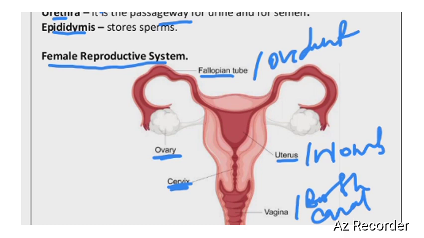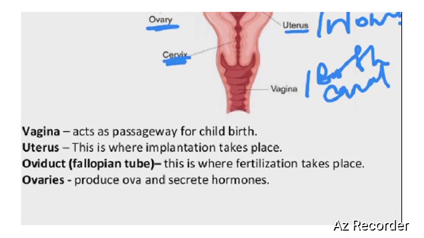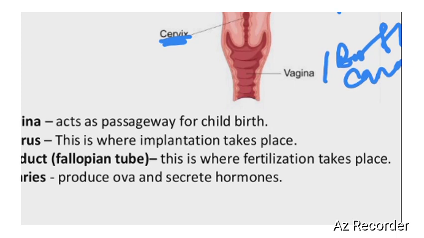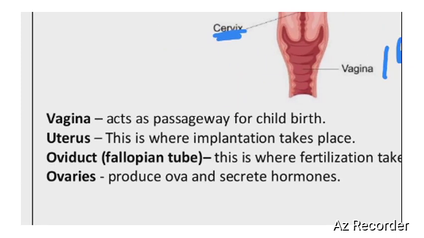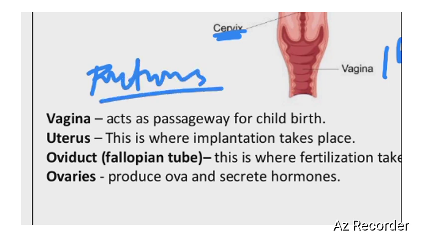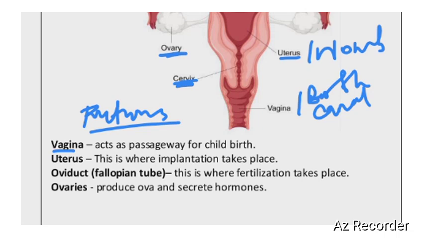And from there we'll go to the functions of these parts. So number one is the vagina, which acts as a passage for the child during birth. It allows giving birth.